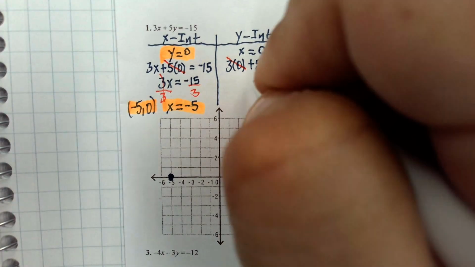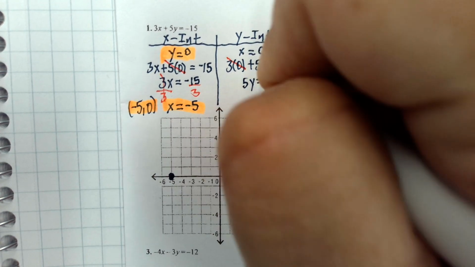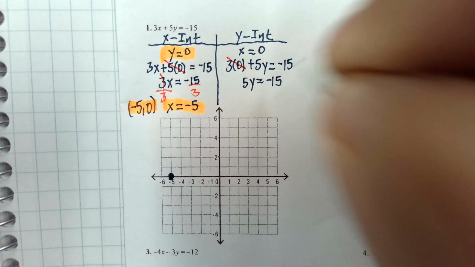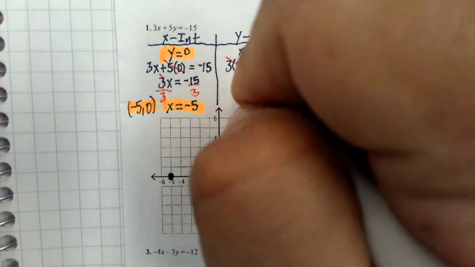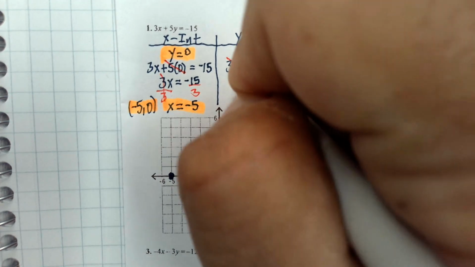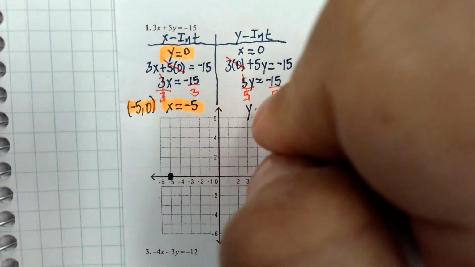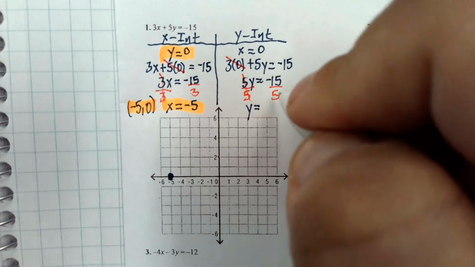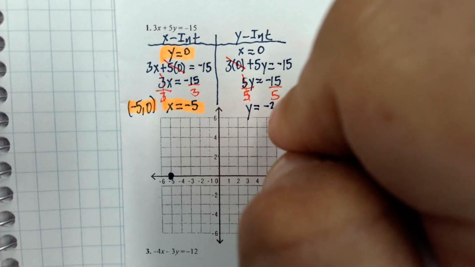I have plus 5y, so I'll make it positive 5y equals negative 15. Okay? And I want to solve that, so divide out the 5. And now I'm just going to have y all by its lonesome. And it's going to equal negative 15 divided by 5, or just negative 3.